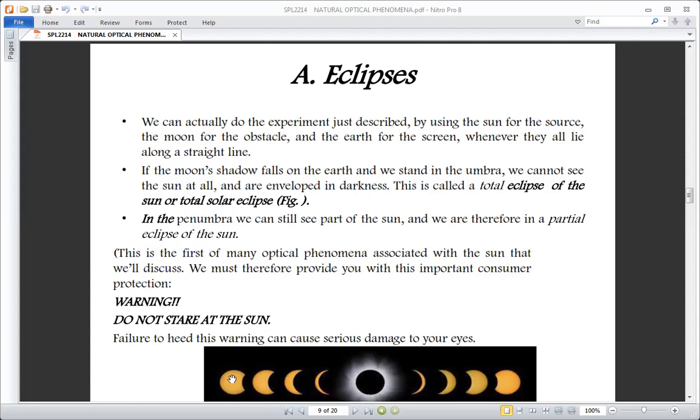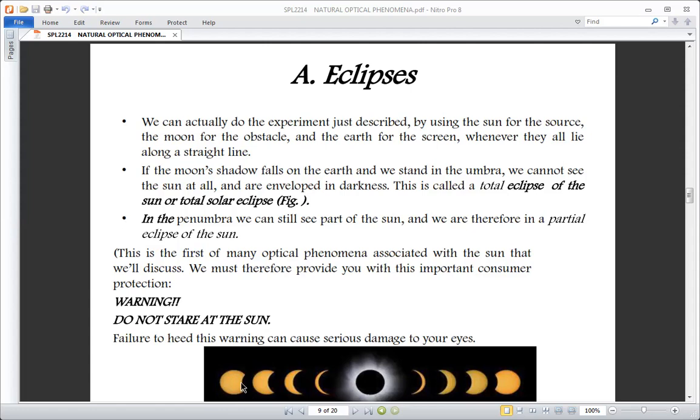So when you look at this diagram down here, this is what we call a time series photograph that was taken as the eclipse was about to occur. On the extreme, first of all, you see the sun and part of the moon trying to block the sun.